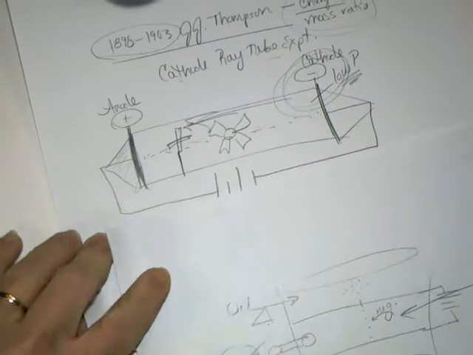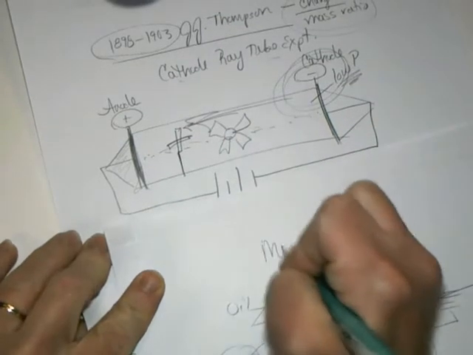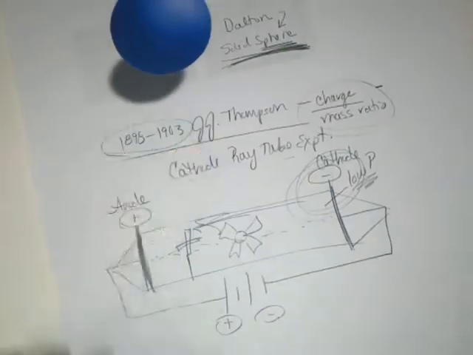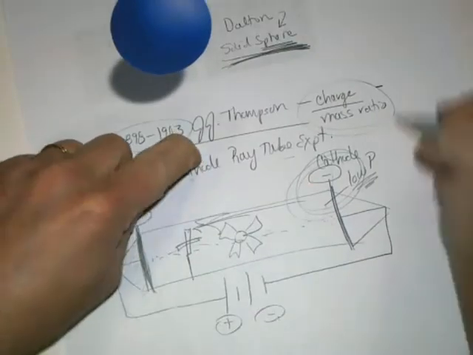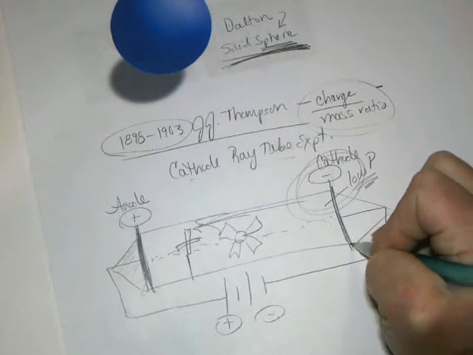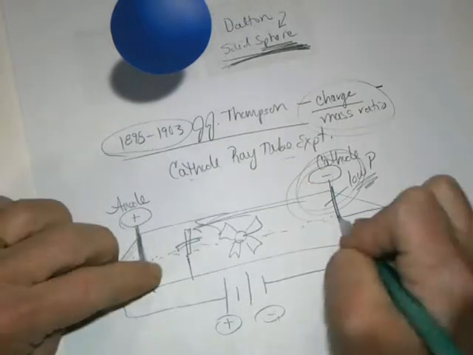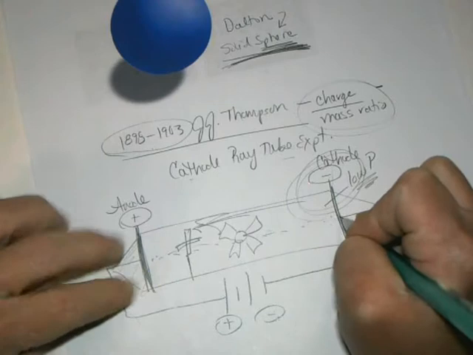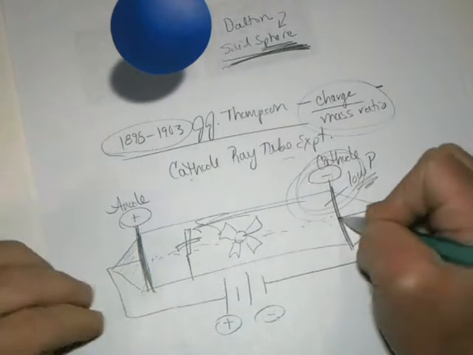Well, these gentlemen were working at the same time. Again, Robert Millikan. J.J. Thomson chose to go ahead and predict that what was happening was that particles were being ejected out of the metal atoms.